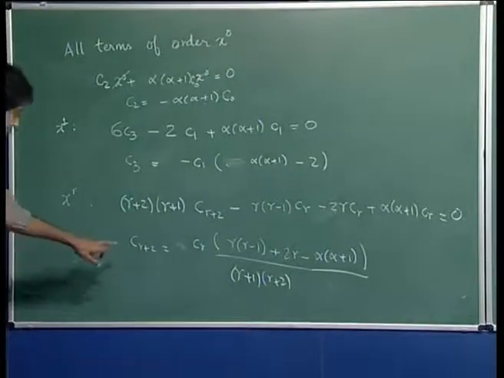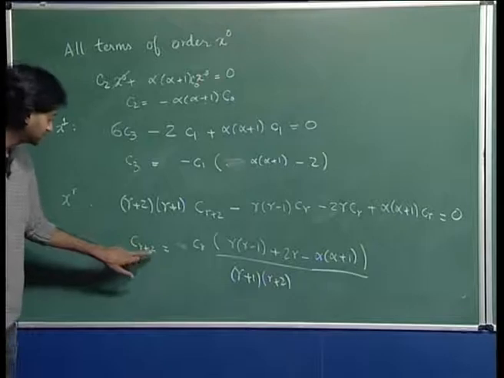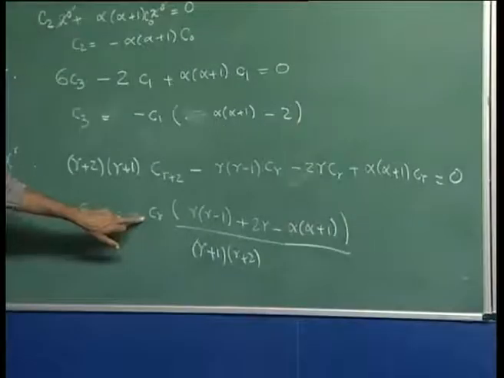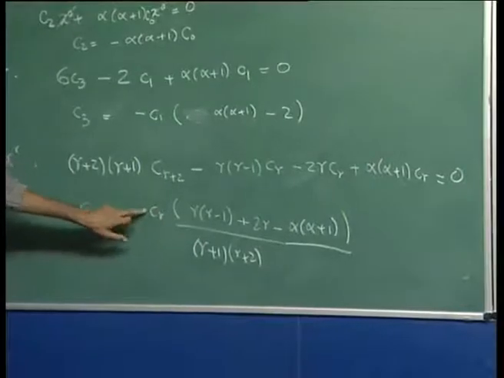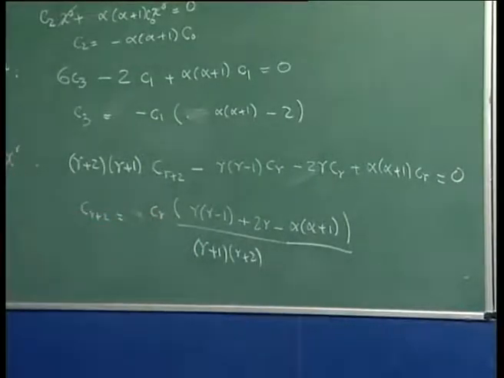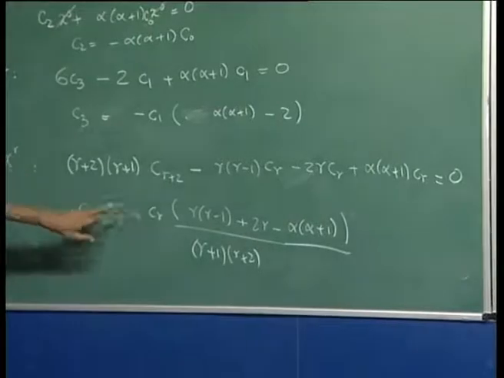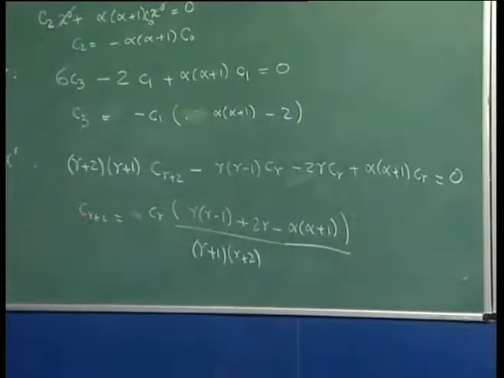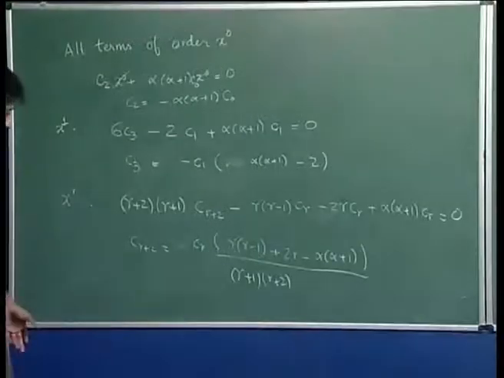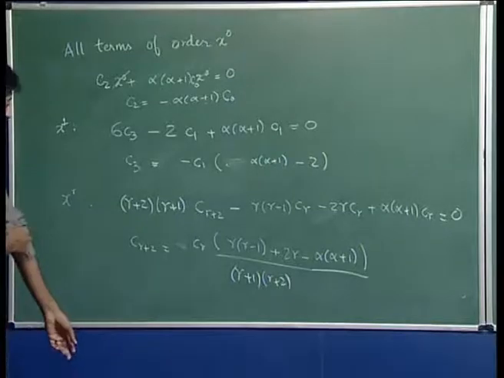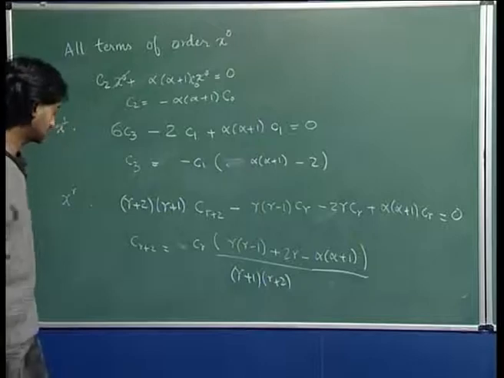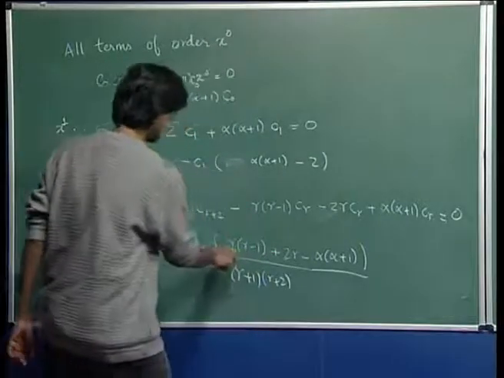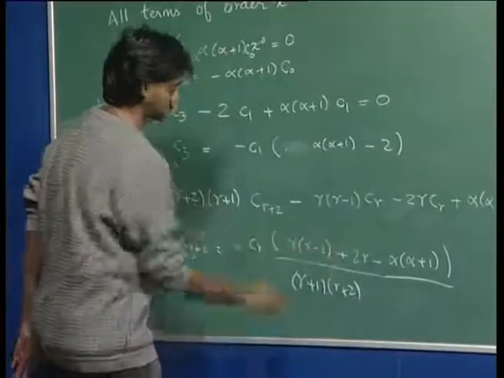Okay. So, what you get is a relation between C r plus 2 and C r. So, if you know the coefficient of expansion of x raised to r, then you can calculate the coefficient of x raised to r plus 2 for any r. Okay. So, this is valid for any r. So, this is r minus 1 plus 2 r.